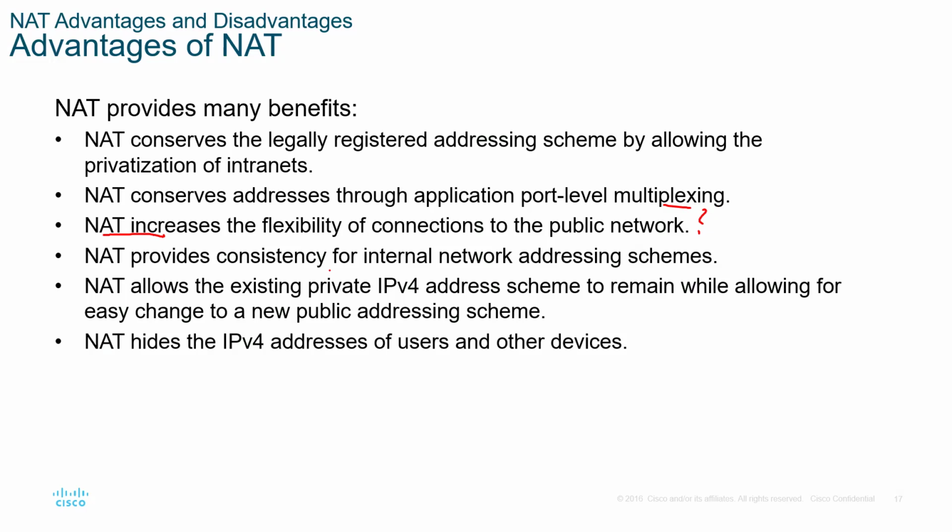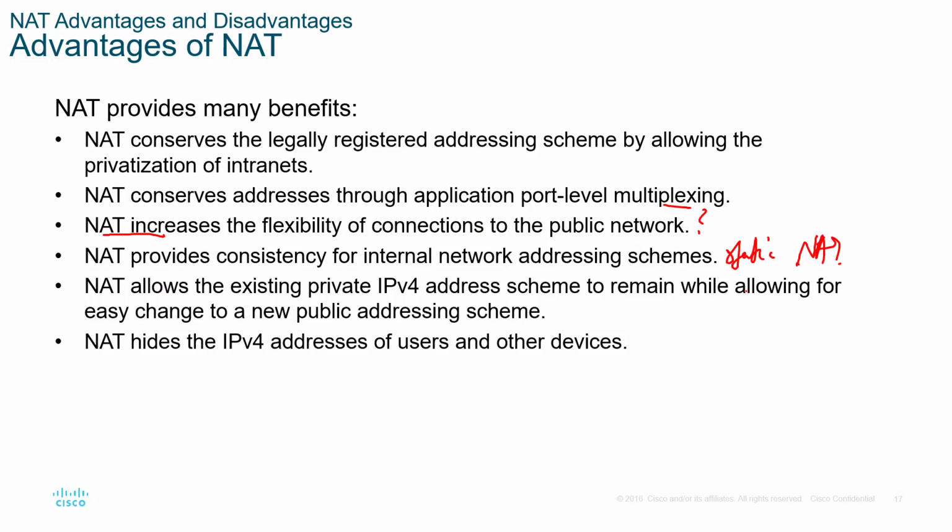It provides consistency for internal network addressing schemes. So we discussed this one when we talked of static, we discussed that consistency. So with static NAT, we do have that consistency. It allows existing private IP address schemes to remain while allowing for easy change to a new public addressing scheme.